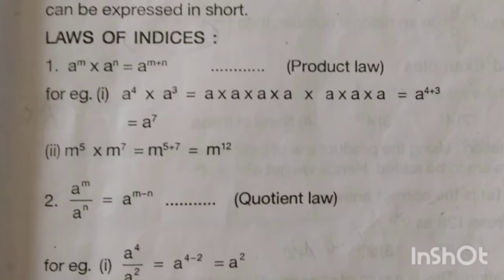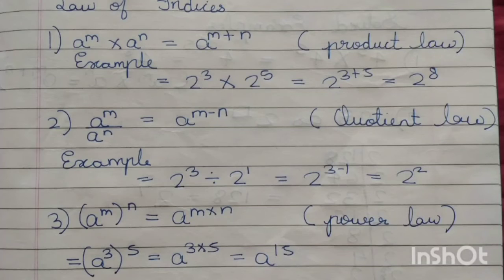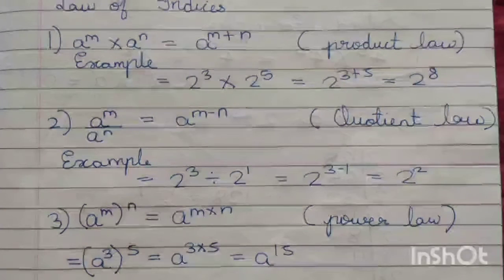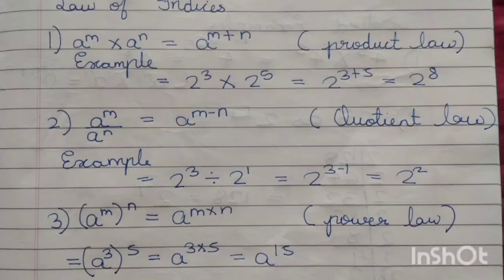So any number with an exponent, if it is multiplied by the same number with any other exponent, the result is a to the power m plus n. The bases are the same, just the exponents are different. In multiplication, the result will be that base and you add the exponents.